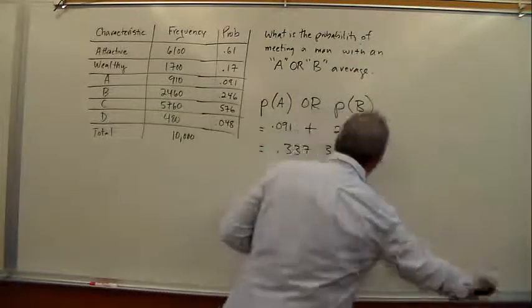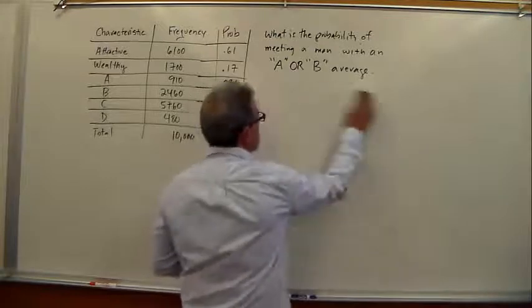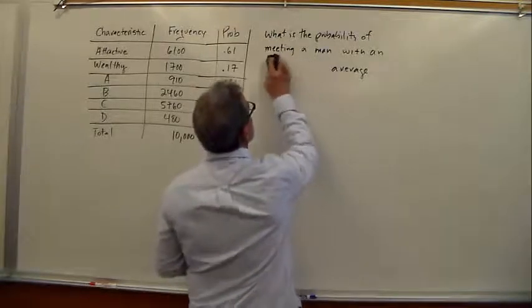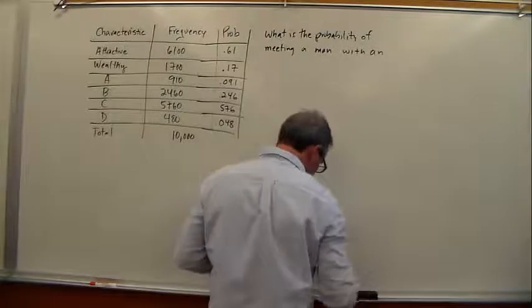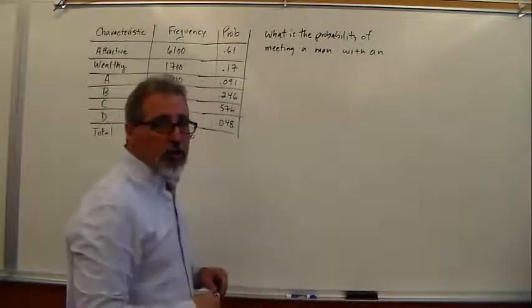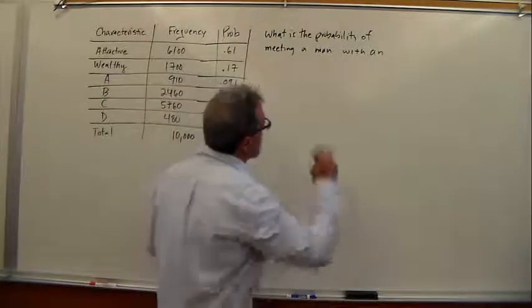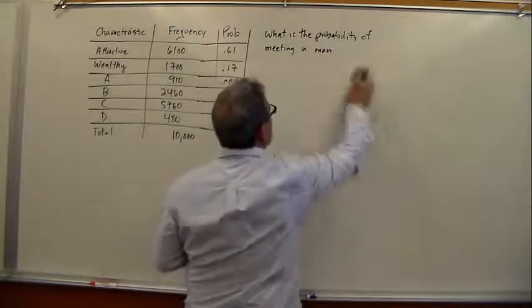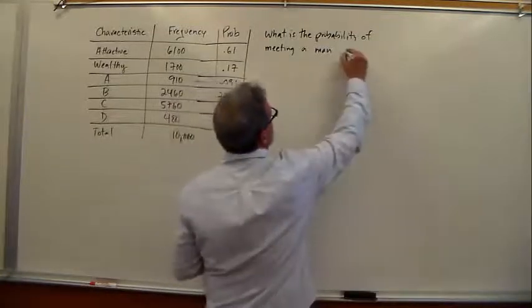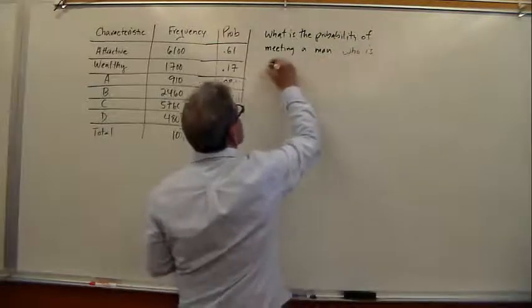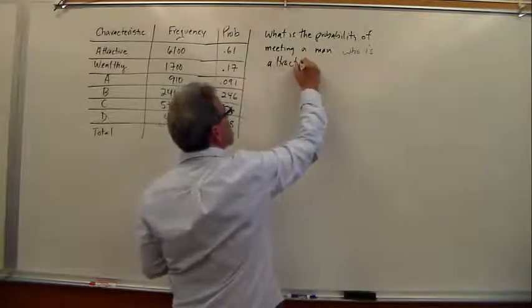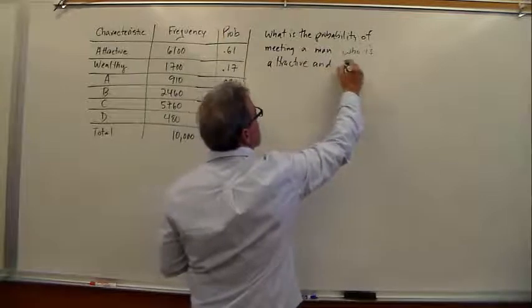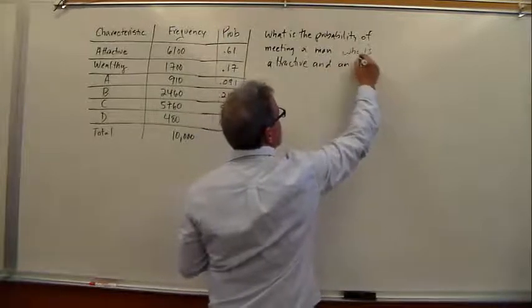But let's say you moved on, you had that wonderful conversation with this educated man, but you realize that you are still a little superficial, and you would like a man who is attractive and smart. A man who is attractive and an A student.